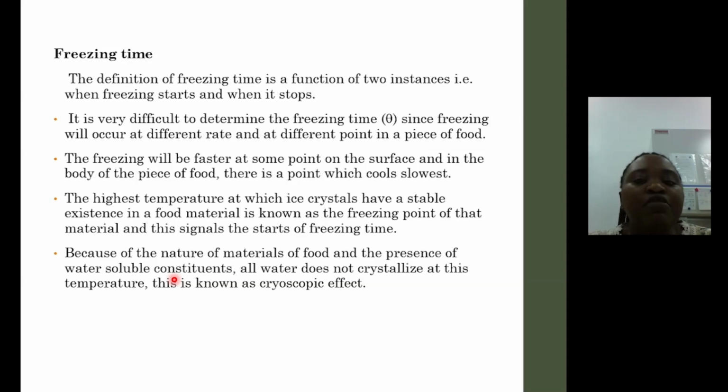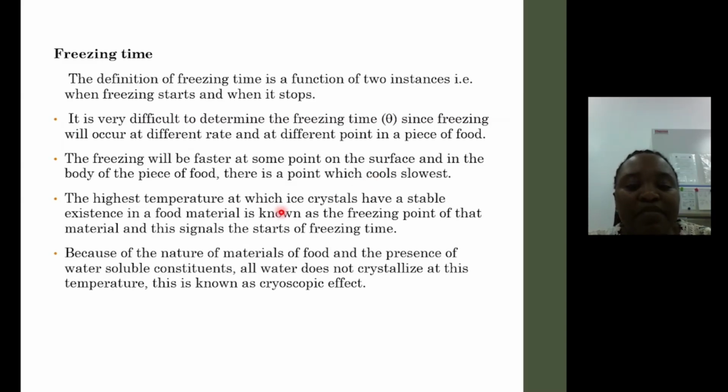Freezing time usually depends, and it is difficult to determine, since freezing will occur at different rates for different types of food. The freezing will be faster at some point on the surface and in the body of the piece of food. Then there is a point that will cool a bit slower.